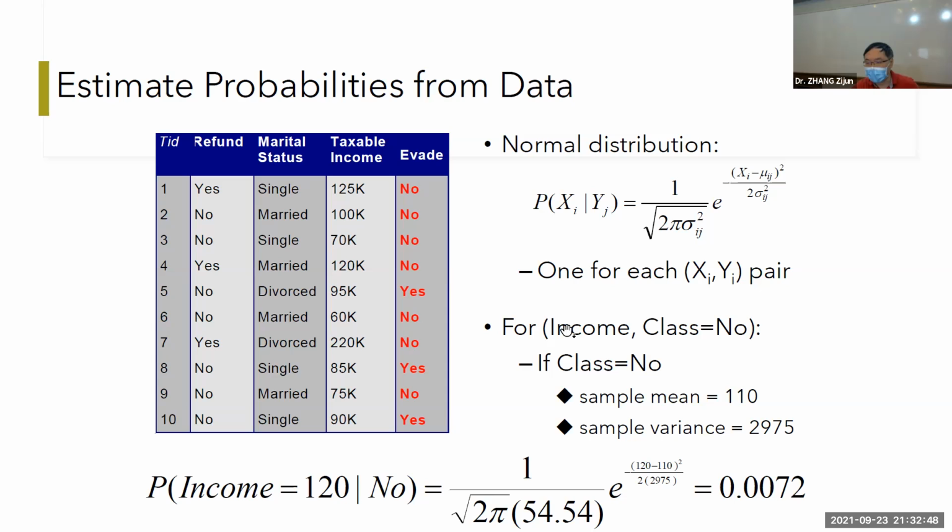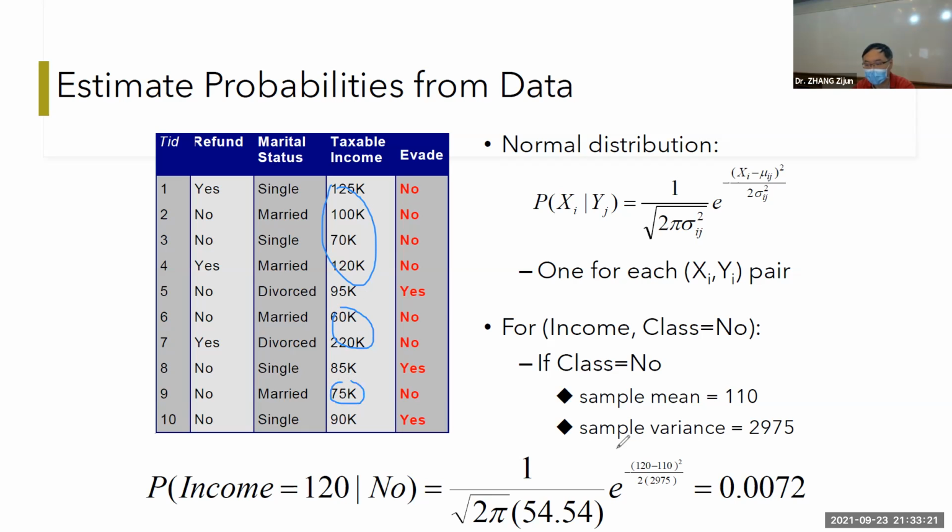For the data with class equal to no, the evade class equal to no, and the income, we consider taxable income, we find that its mean is 110, considering all the no records, and the sample variance is equal to 2,975. How many data points do we have for class equal to no?